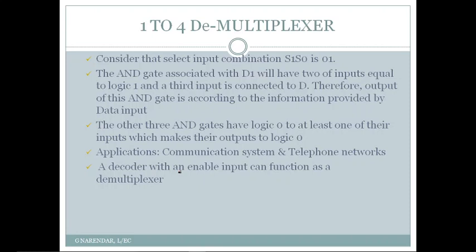So demultiplexer circuits can be obtained from a decoder IC.